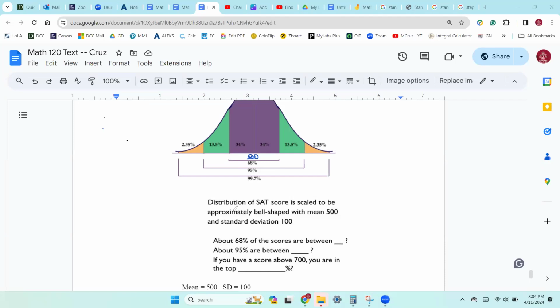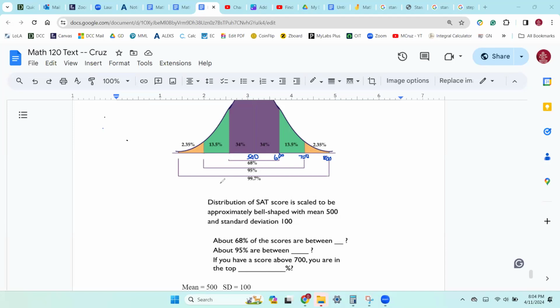And then the standard deviation, and that's what each one of these is, simply adds 100. So that's 600, and then 700. And we're only going to go out to 3, so the last one is 800, because each one of those is a standard deviation.